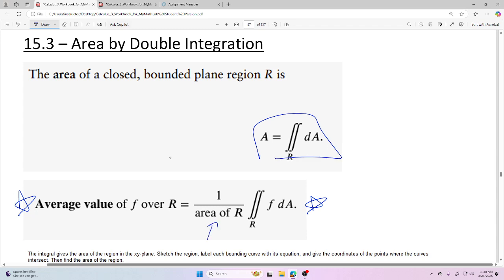So I would like to actually give you a better formula, and this one going forward is more important. I'd say it's double integral of f dA divided by double integral of 1 dA. If you want to put a 1 in there, that makes more sense, at least. So that's your average value.